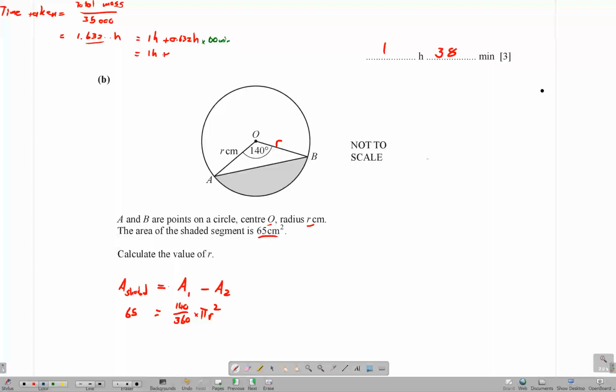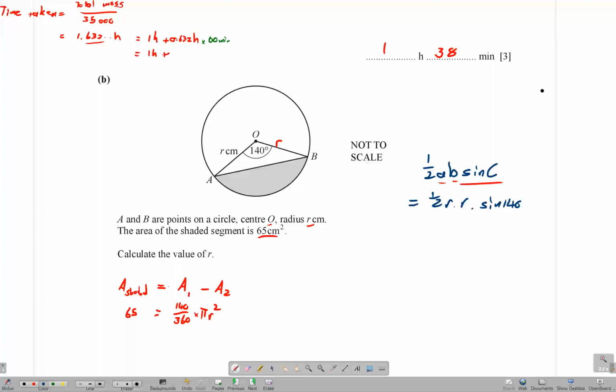Normally it would just be half ab sine C. Okay, and where this sine C is the included angle between the two sides, A and B. So in this case, that's exactly what we're going to do, but these two lengths are just r and r. So that means that this area is a half times r times r times sine 140.